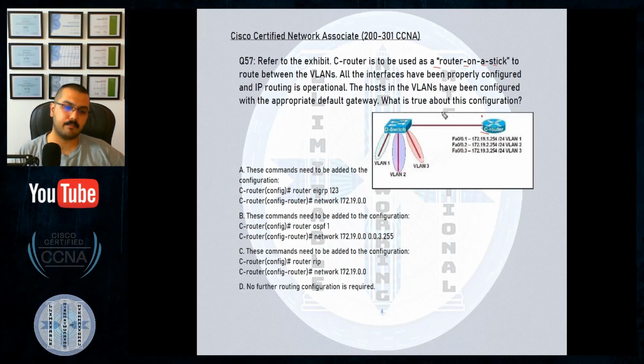By the way, if you have no idea about what this is, then in the Mega Lab series, lab number 1, starting from minute 40 or 45 of the lab, there will be a complete implementation, description and discussion about this type of lab, router on a stick.